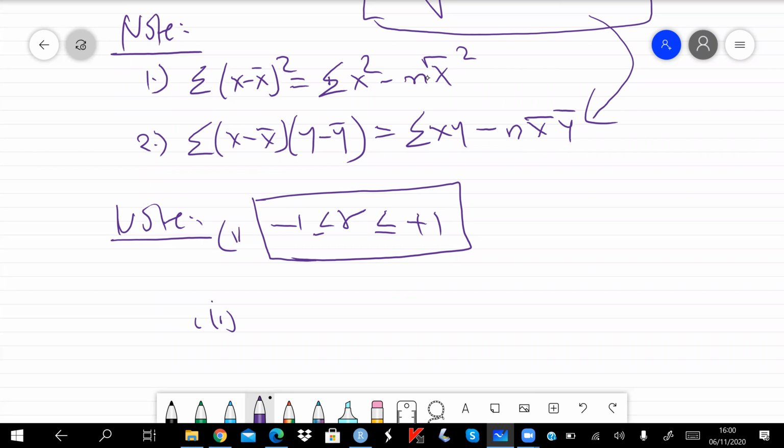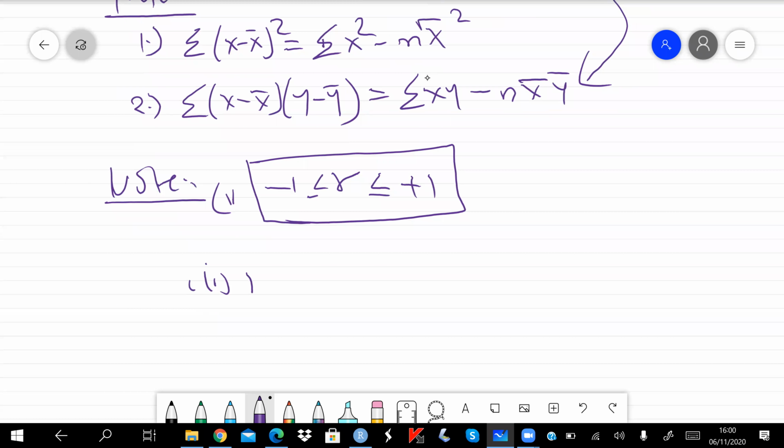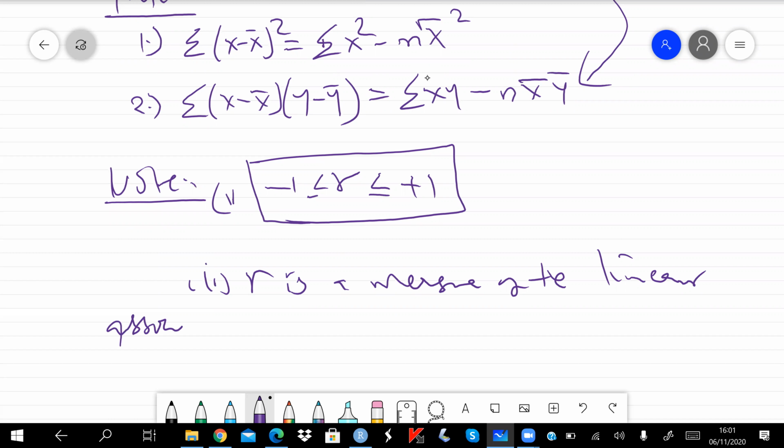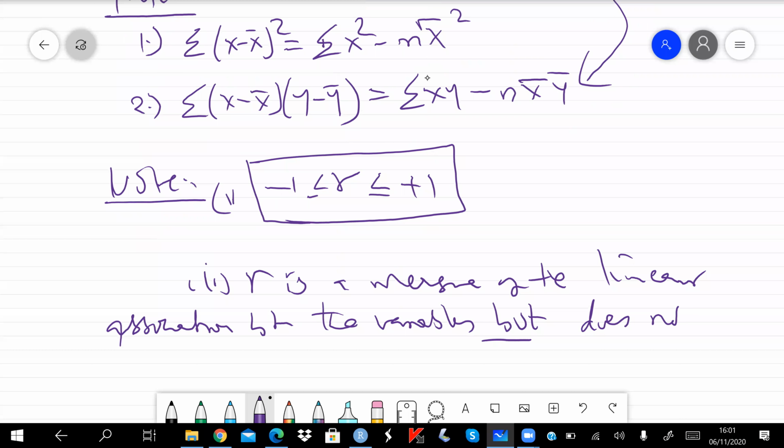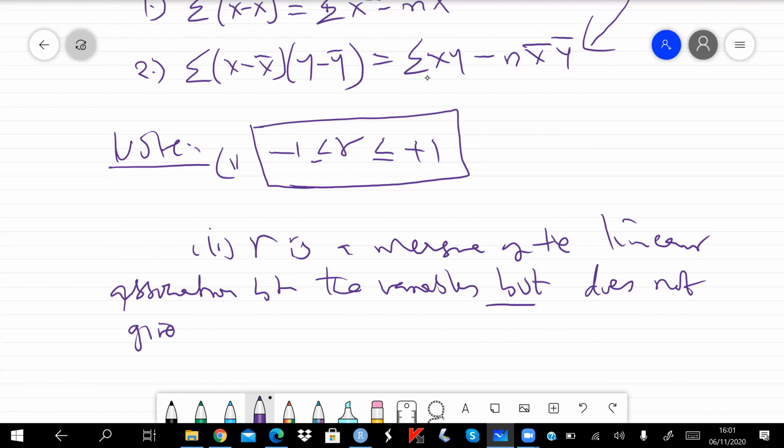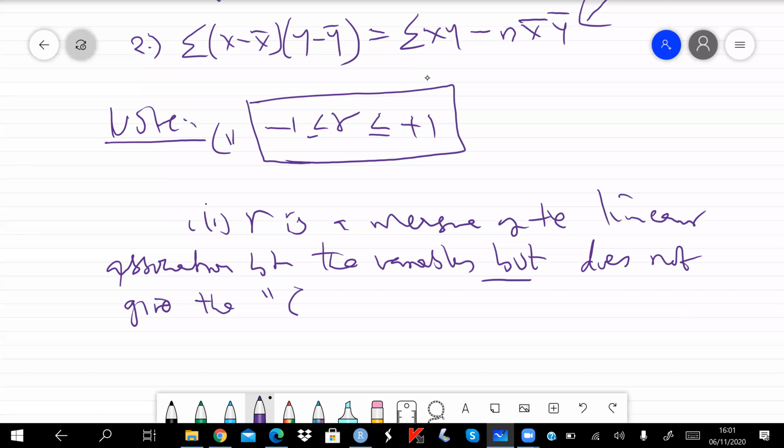Number two, R is a measure of the linear association between the variables, but does not give the cause and effect kind of relationship. As you know, that kind of relationship is given through regression analysis.